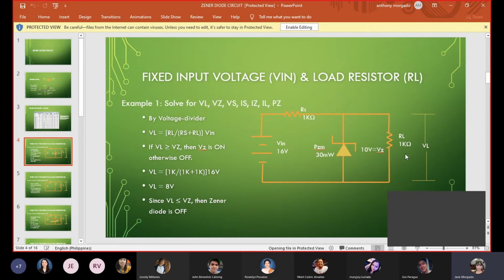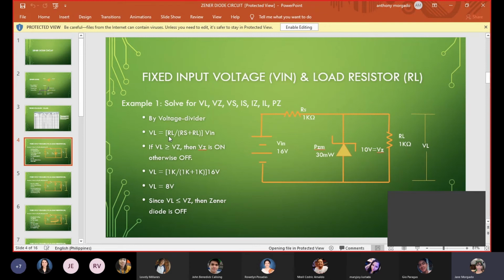So the voltage across RL should be at least equal to 10 volts. Let's say you have a supply here of 16 volts, and RS and RL are both 1K. We will test if the voltage across RL is enough to turn on the 10 volt Zener diode.